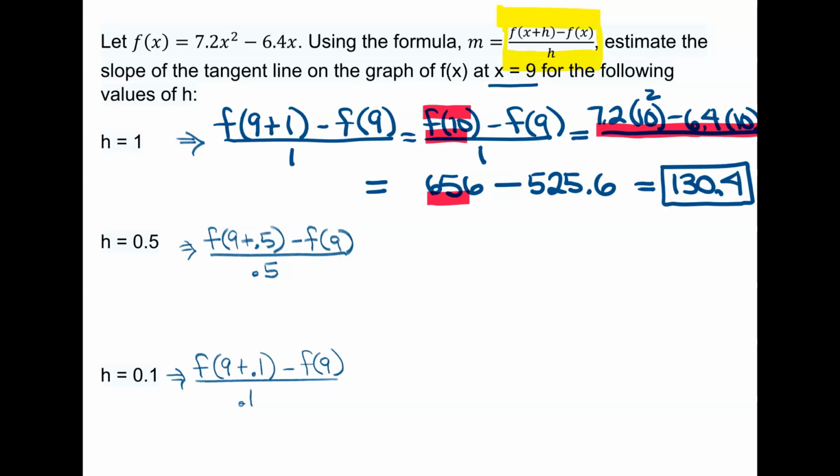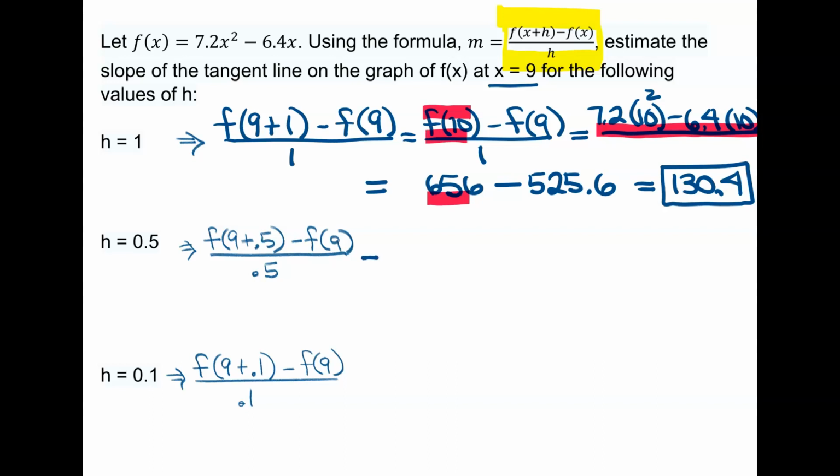We can get a better estimate of the slope if we pick an h value that's closer to 0. So instead of 1 for h, we're going to choose 0.5. Again, I've already written in our numbers. The x is still 9, but 0.5 replaces the 1 in the previous example.